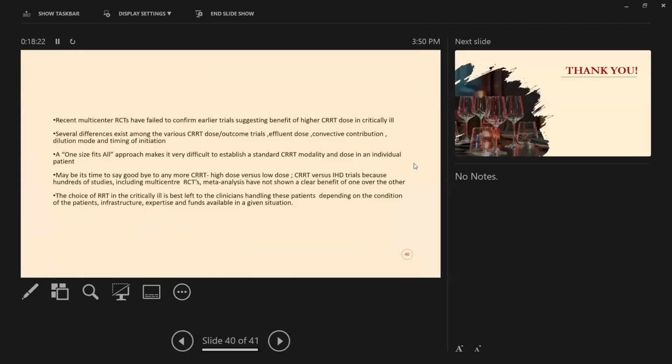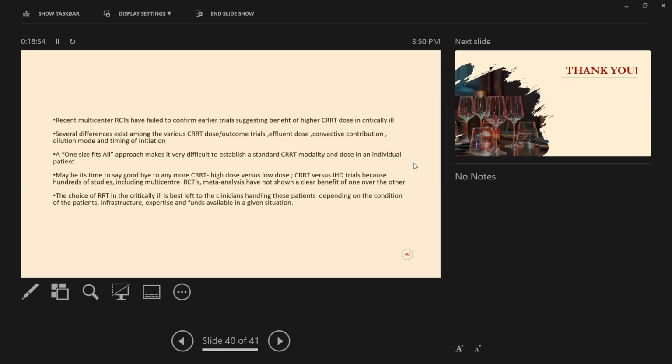And then lastly, recent multi-center RCTs have failed to confirm earlier trials suggesting benefit of higher CRRT dose in critically ill. Several differences exist among the various CRRT dose/outcome trials: effluent dose, convective contribution and dilution mode, and timing of initiation. A one-size-fits-all approach makes it very difficult to establish a standard CRRT modality and dose in an individual patient.